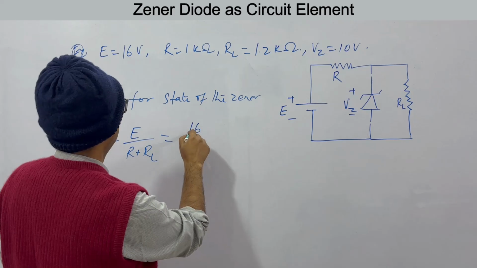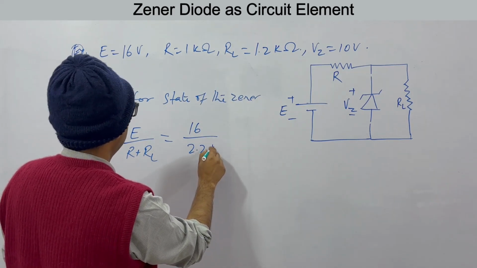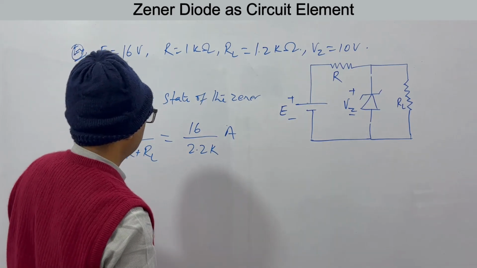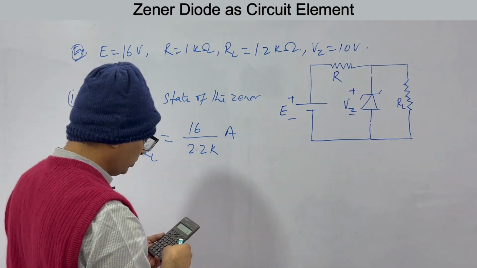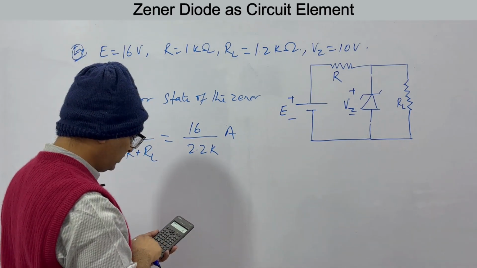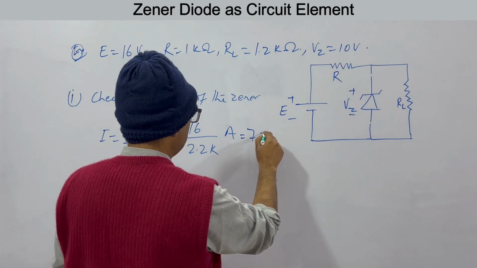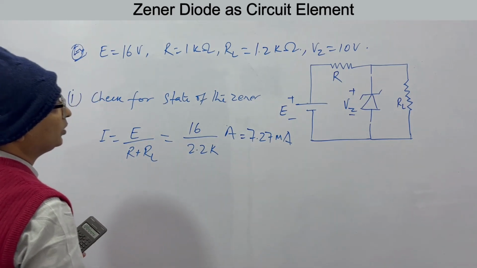E is 16 volts, R is 1 kilo ohm and RL is 1.2, so this is 2.2 kilo ohms. So this will be 16 by 2.2, that is 7.27 milliamperes.